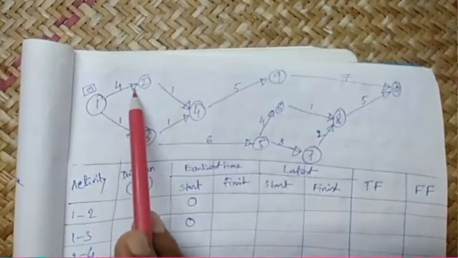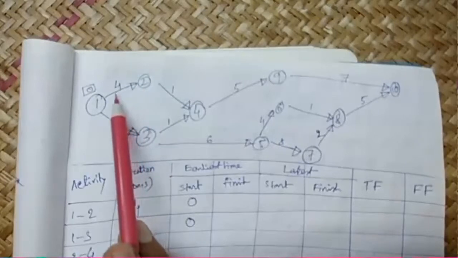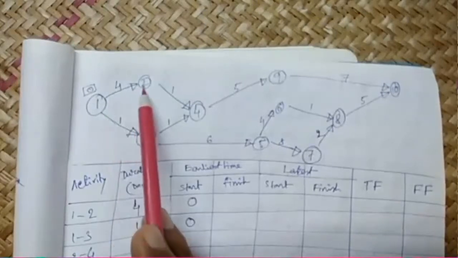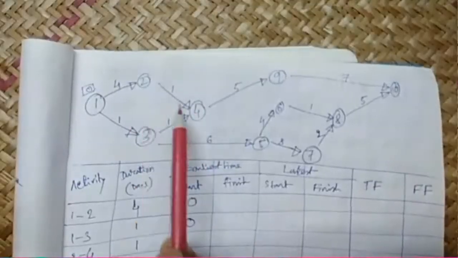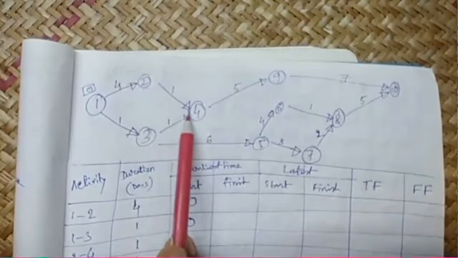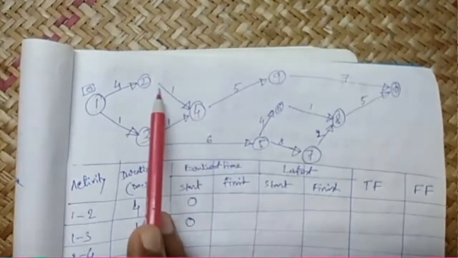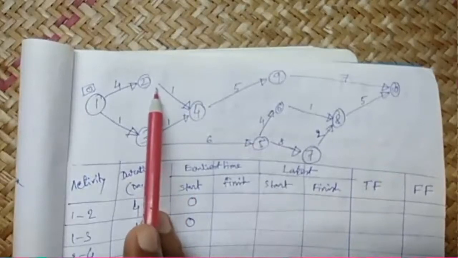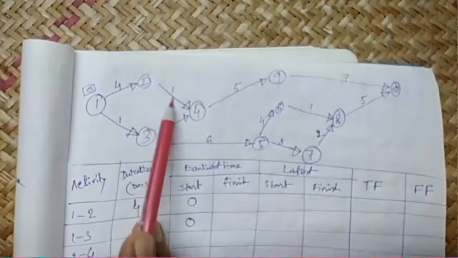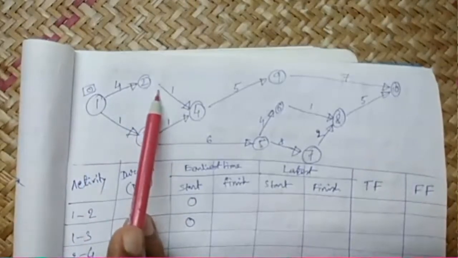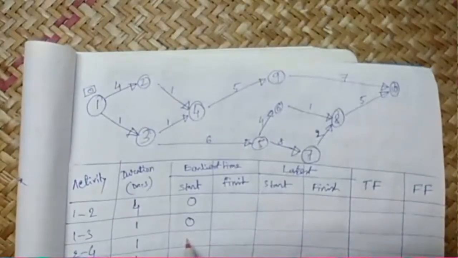This activity takes 4 days. So 2 will start after 4 days. Now if we talk about activity 2 4, it cannot be started before 4 days. If we start at 0, then this 2 4 can be started only at 4 days time. So that's why the earliest start of this 2 4 is 4.